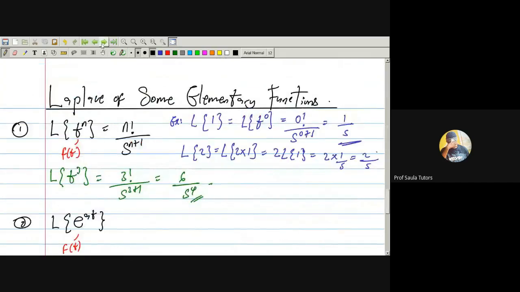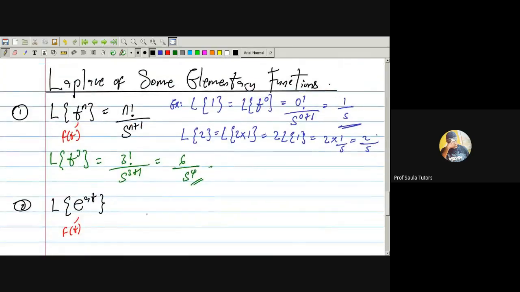Now, pay maximum attention. Don't forget that here I can write it as the Laplace transform of the exponential e to the at times 1. Now, check. The exponential is multiplying 1. Firstly, what is the Laplace transform of 1? 1 over s.